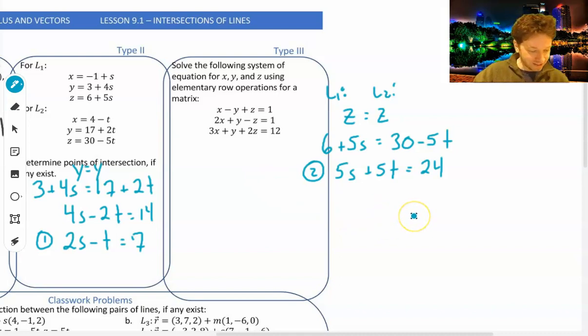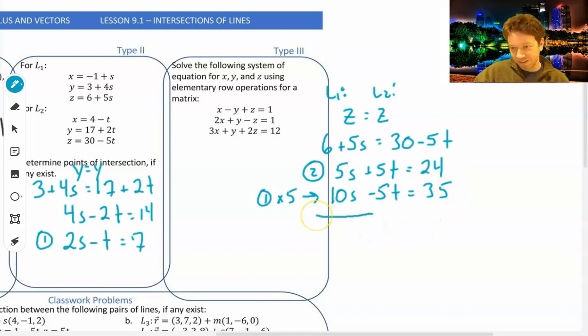So in this case, what we can do is, here there's a minus t term and a 5t. So I can take equation 1 and multiply it by 5. If I do that, we'll get 10s minus 5t equals 35.